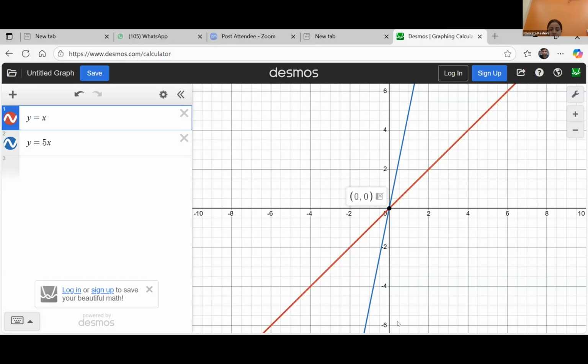For the red color line, the slope is y2 minus y1, that is 4 minus 0, by x2 minus x1, that is 4 minus 0. That means 4 by 4. The slope is 1. Yes or no?